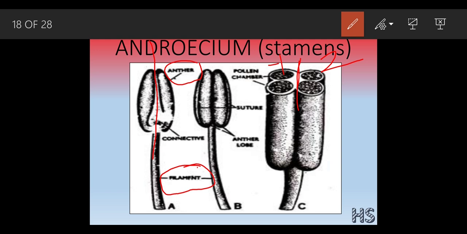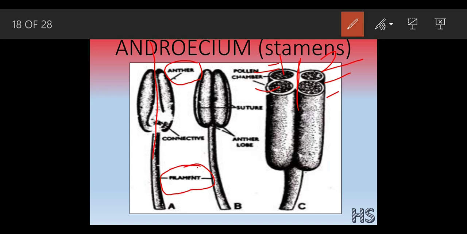Each lobe has two pollen sacs. If you count, the first lobe has two pollen sacs, and the second has two. So in all, each anther has four pollen sacs.